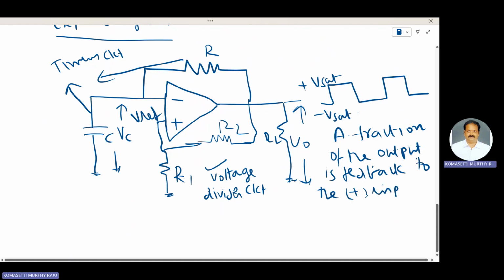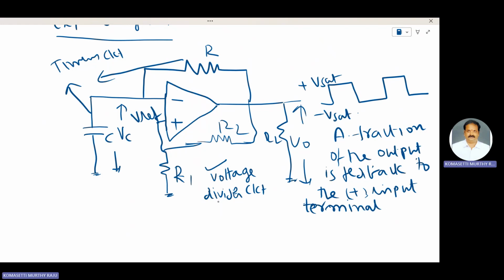That is, beta is the fraction of output, R1 by R1 plus R2.